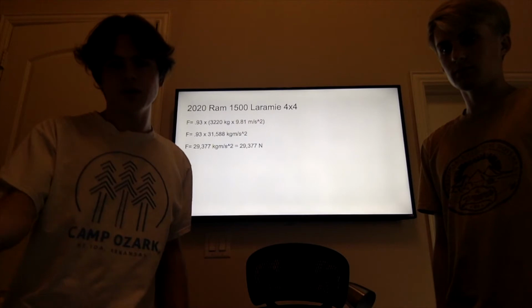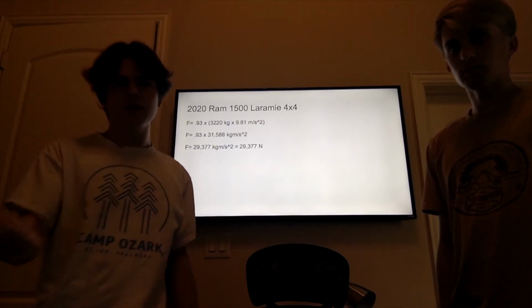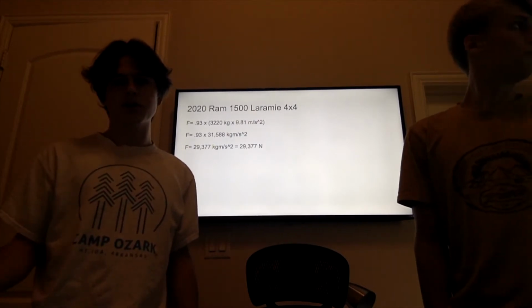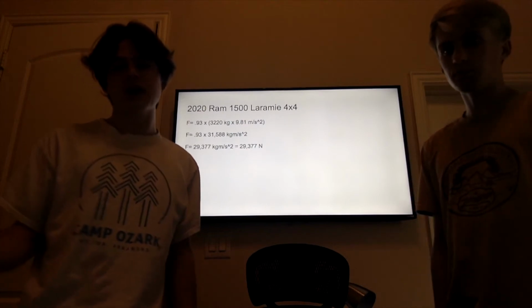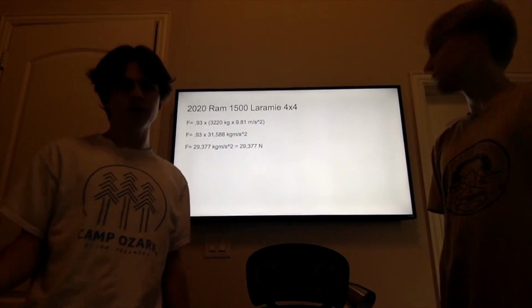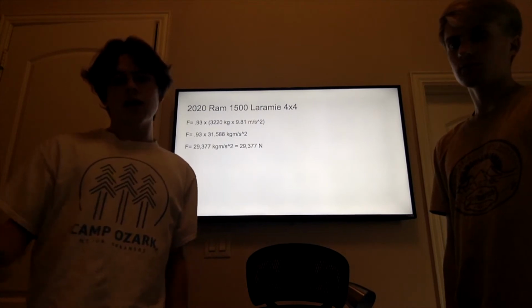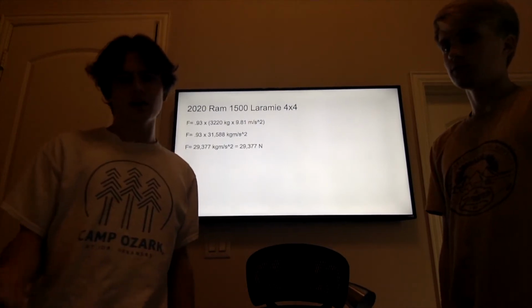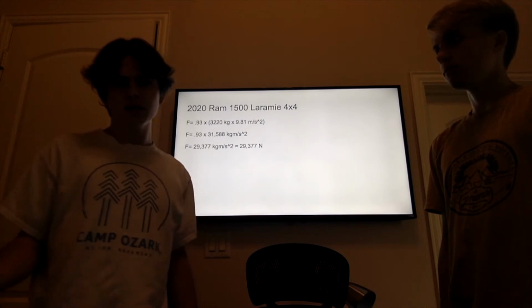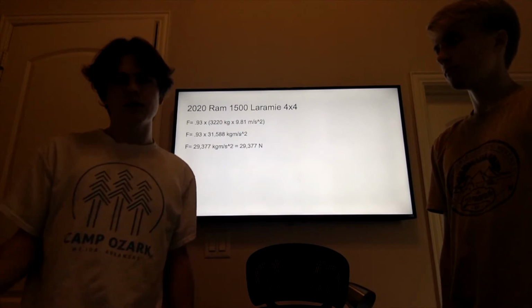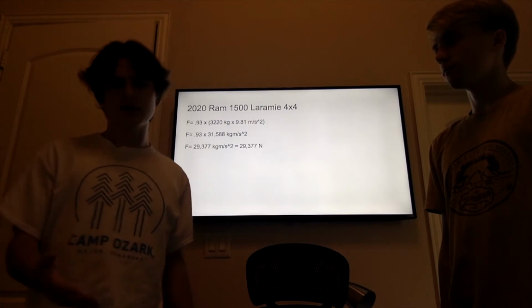You're going to do the coefficient of rolling resistance times the mass of the car, which is 3,220 kilograms, times gravitational acceleration, which is 9.81 meters per second squared. And so that all comes out to 29,377 newtons, which is about 4,000 newtons more than Nate's truck.